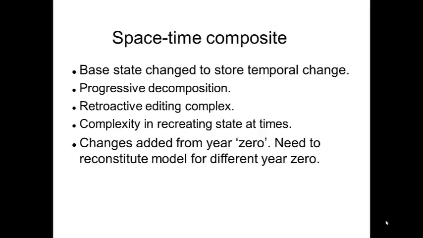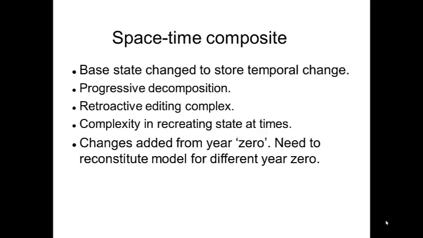It can have some real problems if you're trying to retroactively edit a data model like this. It can be really quite complicated to do. And of course, like the other model, there's the complexity in recreating the state at different times. To recreate the state, you have to do a complex query to reconstitute the data. So that might be quite slow with large data sets.